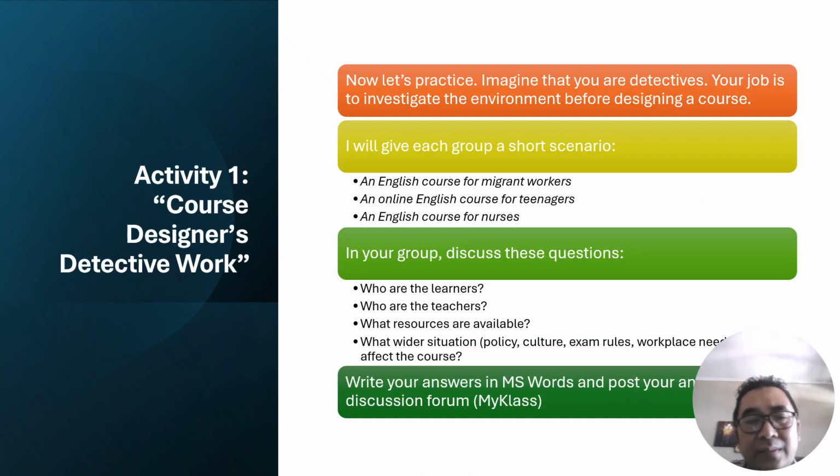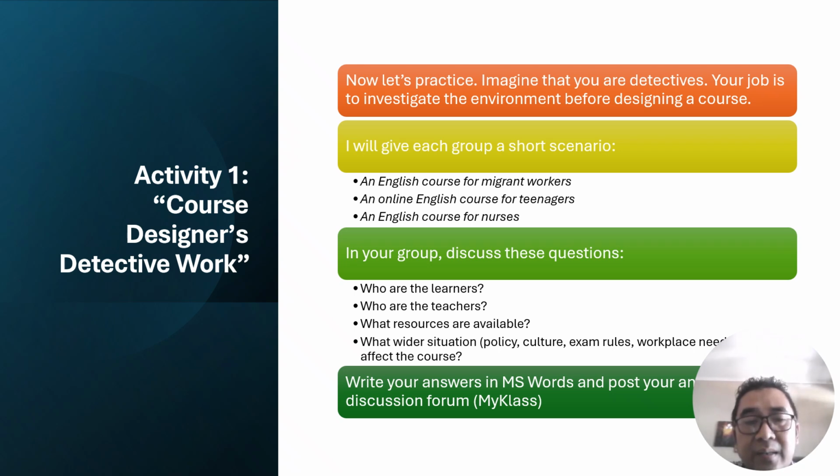Now, let's do activity one, course designers, detective work. Now let's practice. Imagine that you are detectives. Your job is to investigate the environment before designing a course. I will give each group a short scenario. For example, an English course for migrant workers, an online English course for teenagers, an English course for nurses.